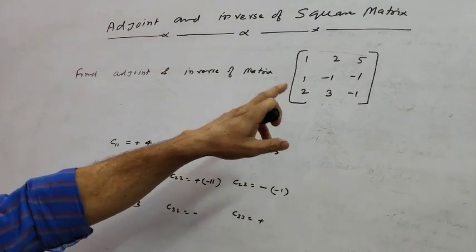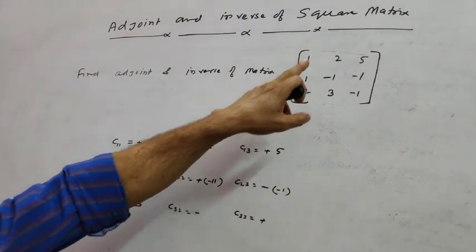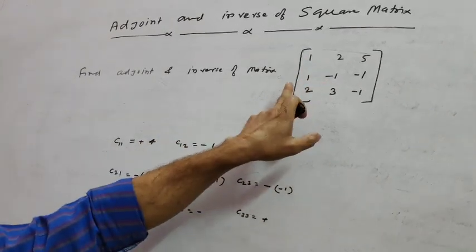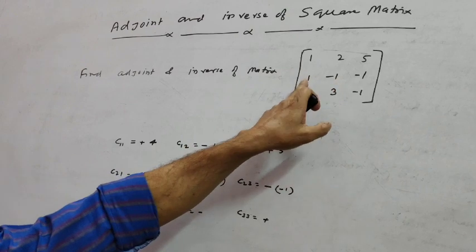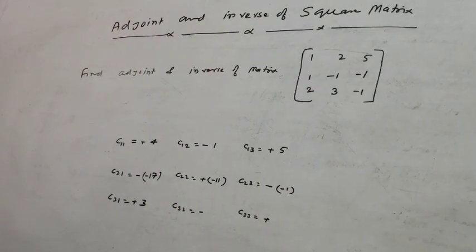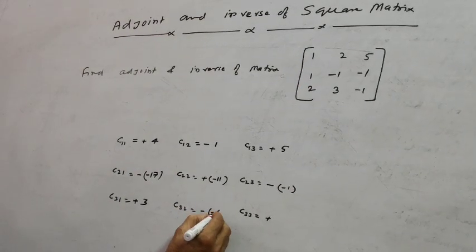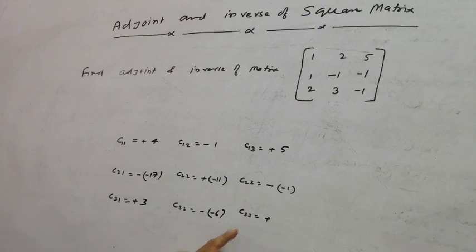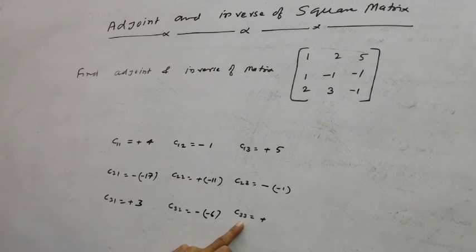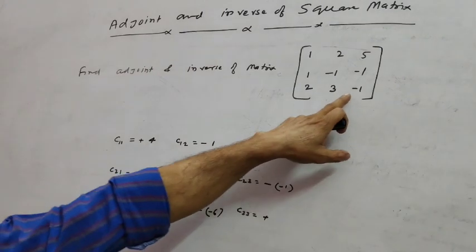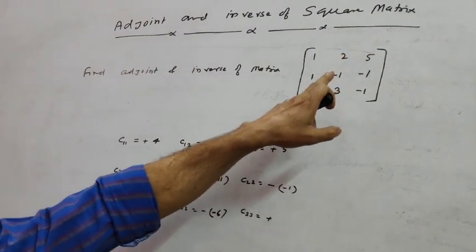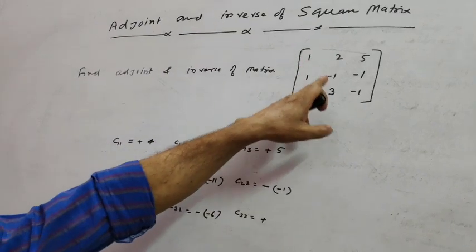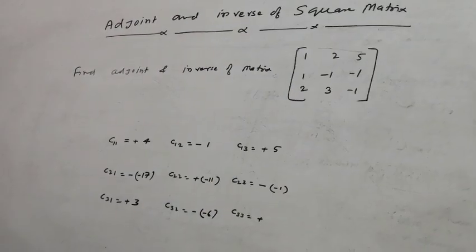Cofactor of 3 2. Deleting the second column and third row, the determinant of the remaining is minus 1 minus 5, which means minus 6. Cofactor of 3 3. 3 3 means minus 1. Deleting the third row and third column, minus 1 minus 2, minus 3.